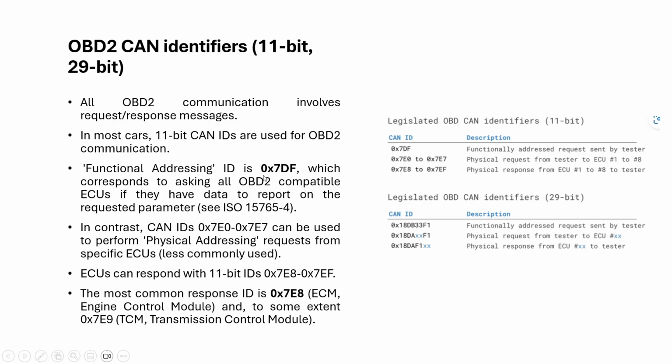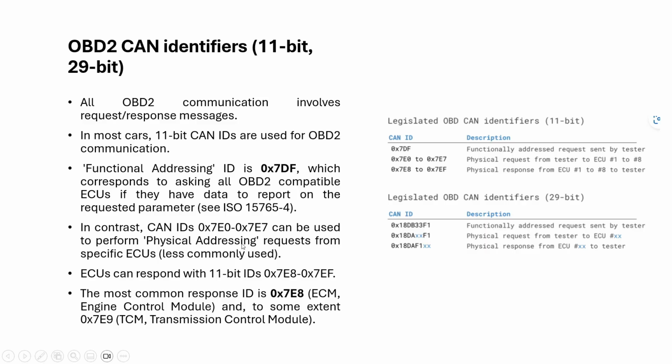The functional address hexadecimal 7DF is mostly used to request all OBD compatible ECUs if they have any data to respond. This 7DF is called the functional address that is used by the test unit to request all the ECUs which have OBD2 compatible protocol.